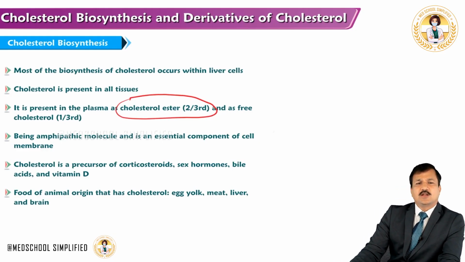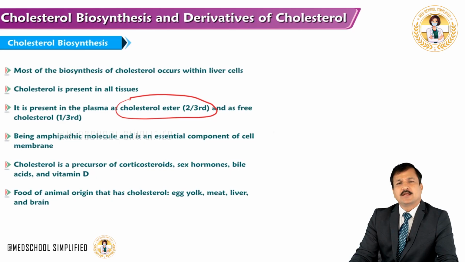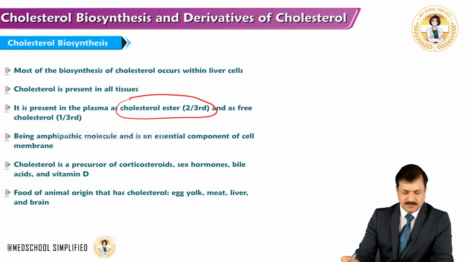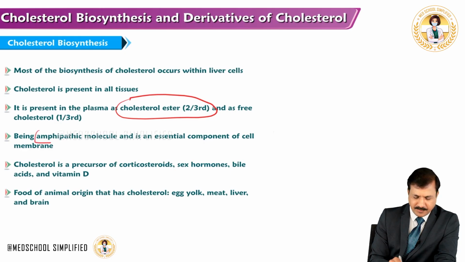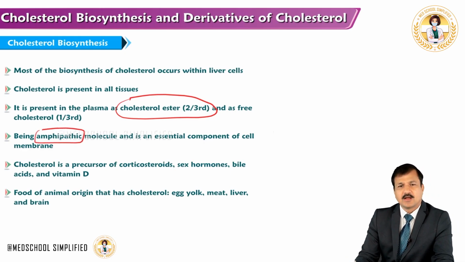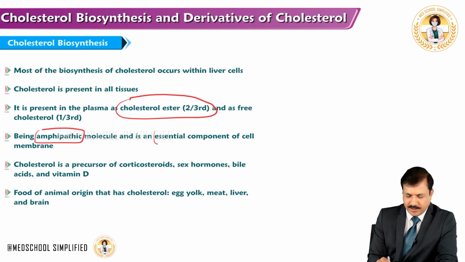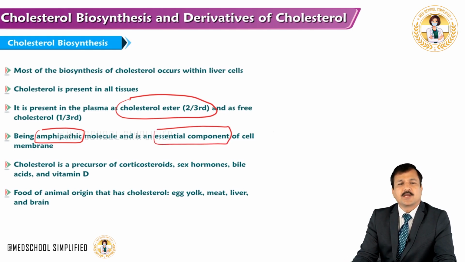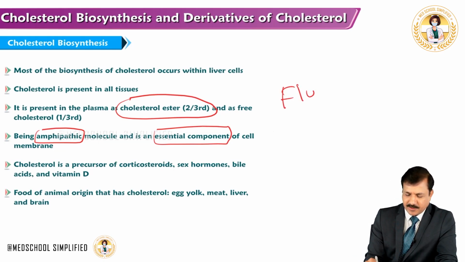Now the cholesterol in its free form has a hydroxyl group at the third carbon, and the rest of the body of the cholesterol is hydrophobic. So that means cholesterol is an amphipathic molecule, and it is an important component of the cell membrane. In fact, it is an essential component of a cell membrane, because cholesterol is going to regulate the fluidity of the membrane.